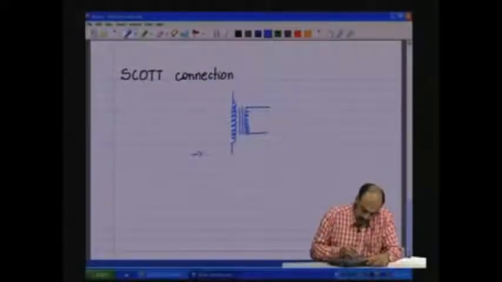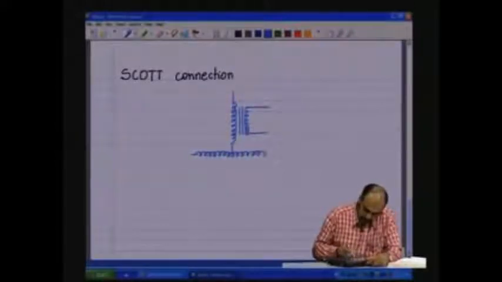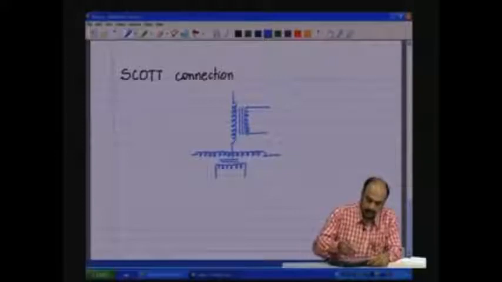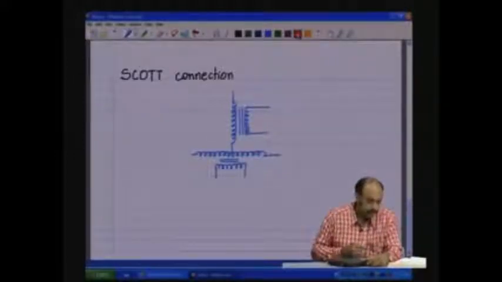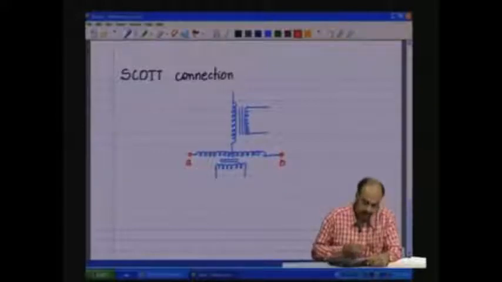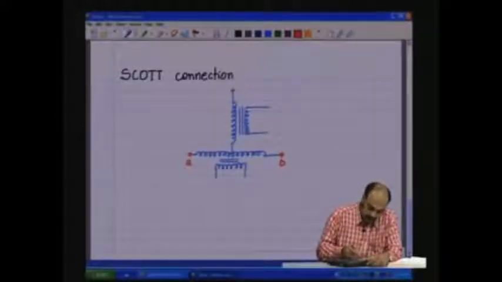Then there is another transformer, the primary is like that, the secondary is like that. So, we have this point is A, this point is B, this point is C.